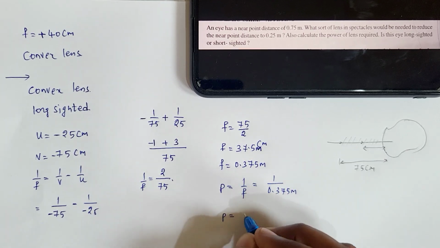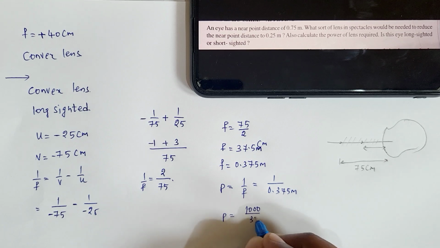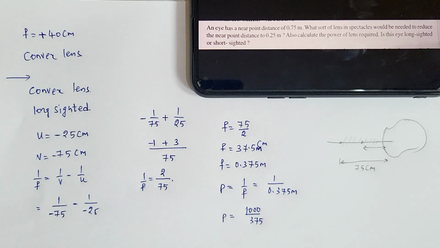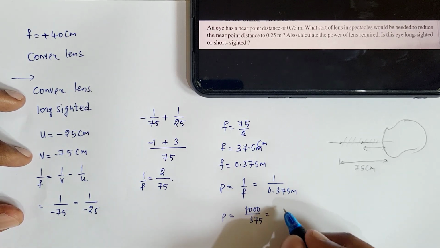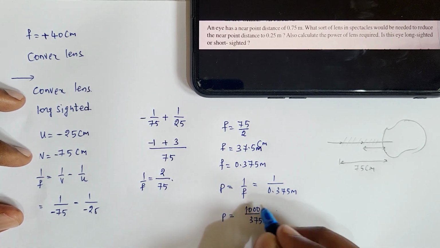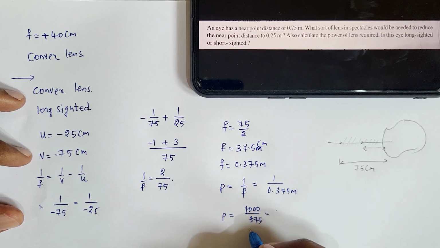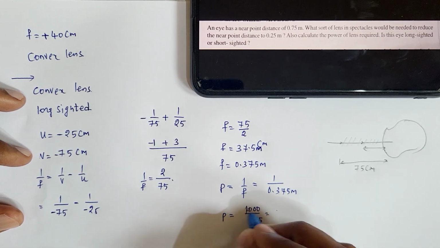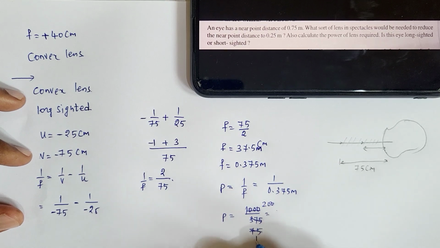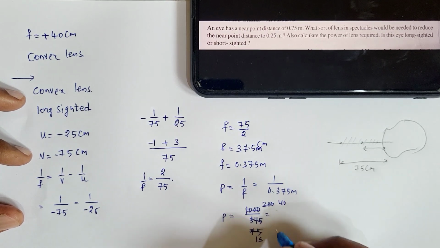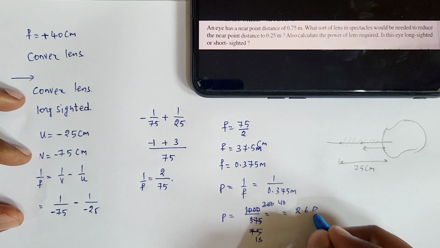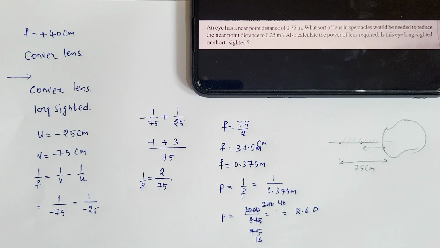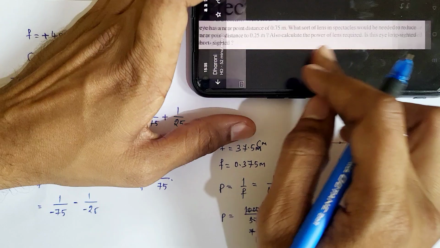So power P will be equal to 1000 divided by 375. 1000 divided by 375 is going to be around 2.66, around 2.6 diopter. Okay. So next question, let us take the next question.